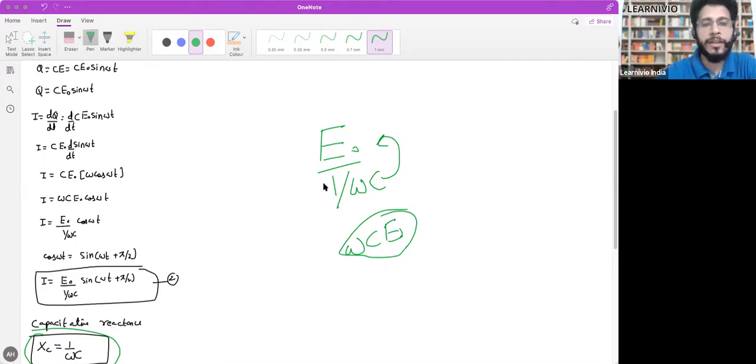IELTS is just for the English language test. When you are going to a European country or America, they just want to know whether you know English or not. That's IELTS. But when you are taking admission in graduation courses, along with IELTS you need a valid score of SAT also. IELTS is just for English, nothing else.